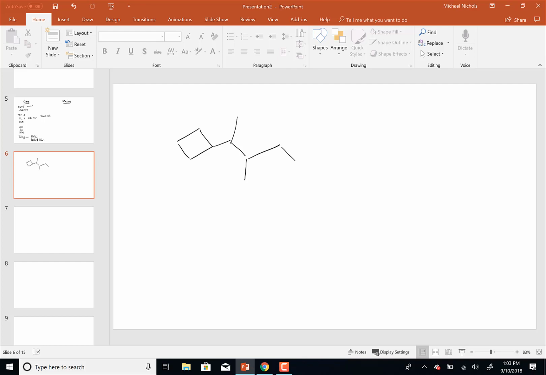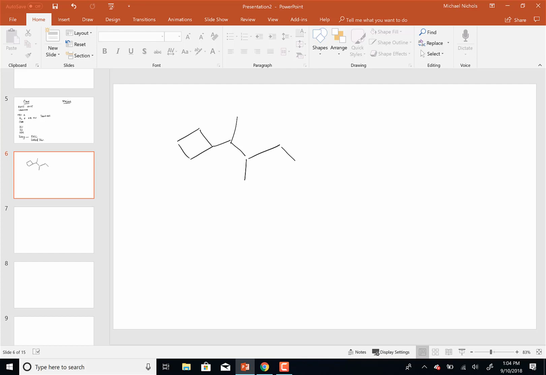So the way that we name this is to say, okay, since I've got a bigger chain, I'm going to use the normal alkane rules, and I'm going to call the cyclobutane ring an alkyl group. I would look for the longest continuous carbon chain, and treat the ring as if it was a methyl or an ethyl or isopropyl.